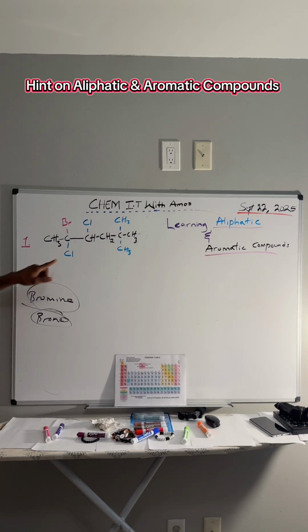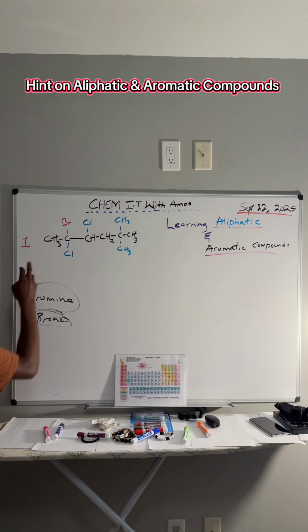Likewise, this is chlorine, but when it has been attached to something else in organic chemistry, we refer to it as chloro. So you have bromo, you have chloro, you have fluoro. They are all halogens that are found in group 7 or group 17 of the periodic table.